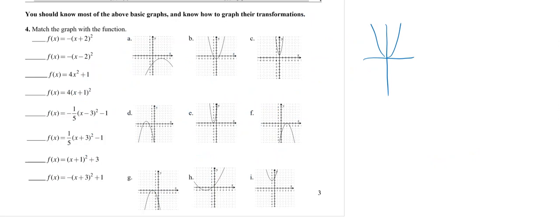So for example, for the first one, I would just look at the function and then see which graph matches it. What are the transformations that happen here? Order of operations holds here too. So inside parentheses first, it looks like we added the 2 to x. Remember, that is a horizontal shift 2 units to the left. So this graph, with everything, would shift 2 units to the left. And then it gets multiplied by a negative.